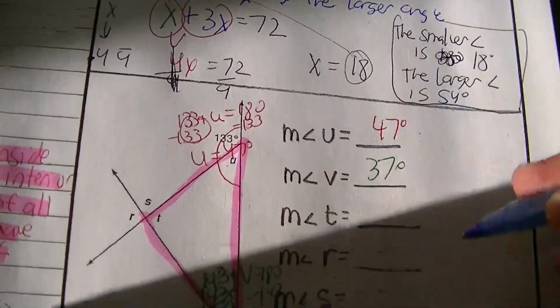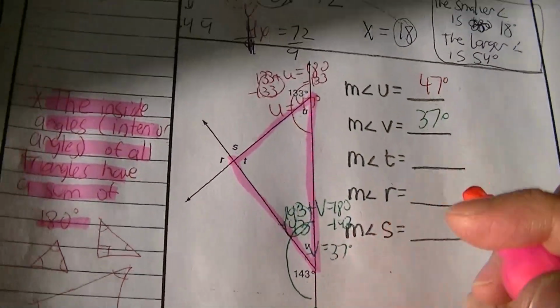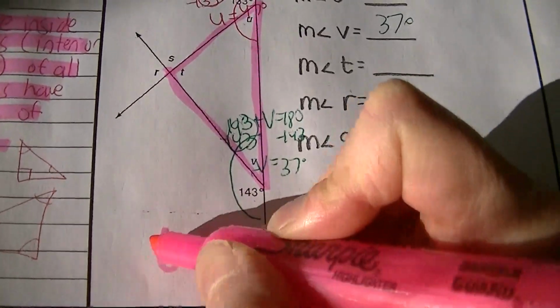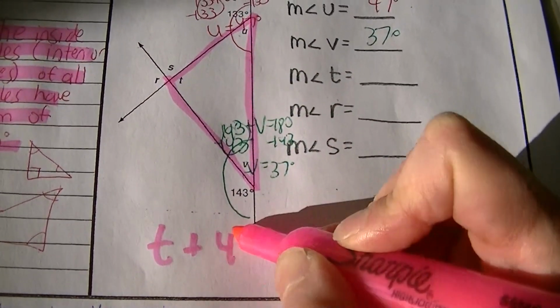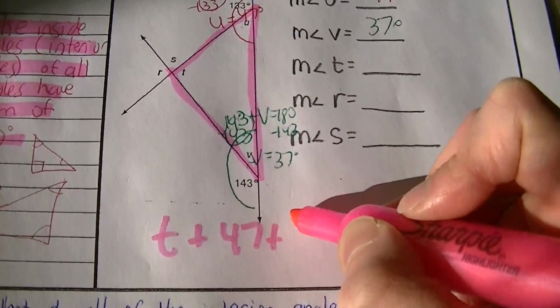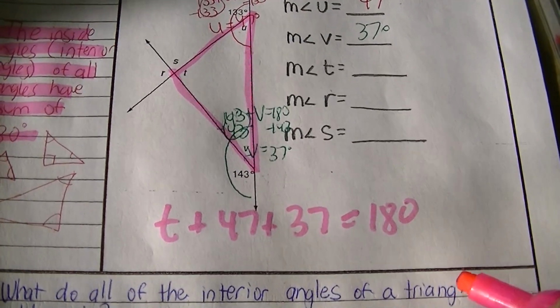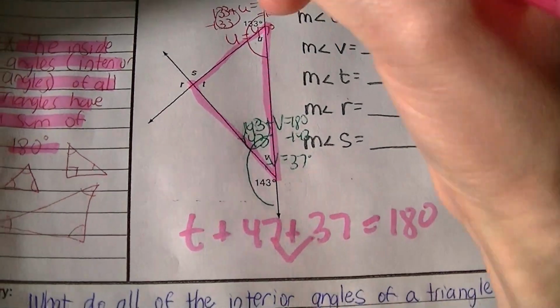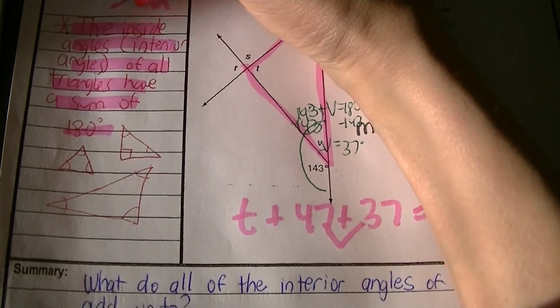You should go, okay, there's 180 degrees in a triangle. So I know that angle T plus this, what was this again? 47 degrees plus this 37 degree angle will have a sum of 180 degrees, okay? And then you're going to combine like terms. 47 plus 37 is 84.